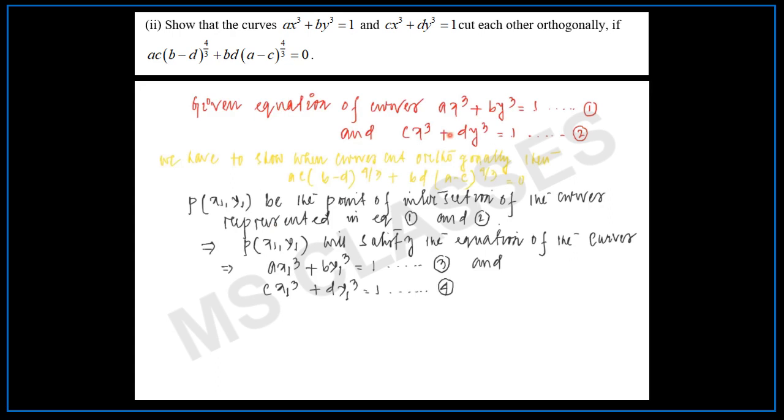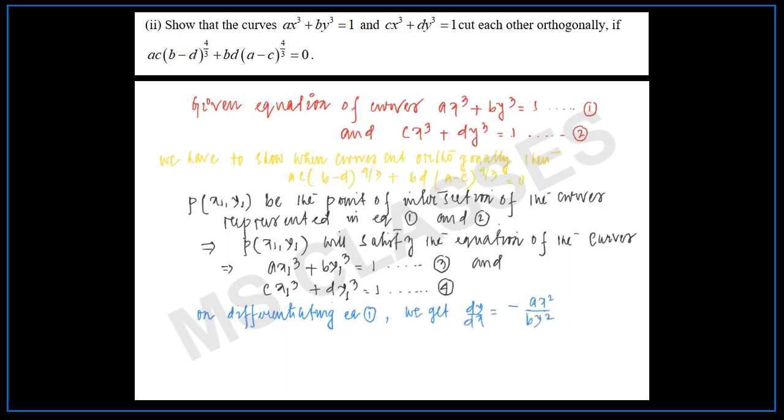Now, to find the slope, at first we have to differentiate the equation, and then we can find the slope of the curve exactly at the point of intersection. So we differentiate equation 1. We get dy/dx equal to minus a x square by b y square.